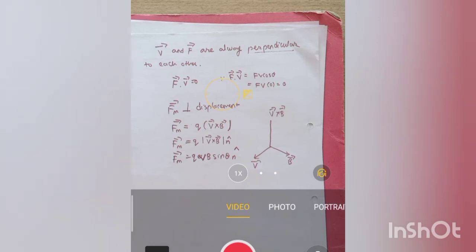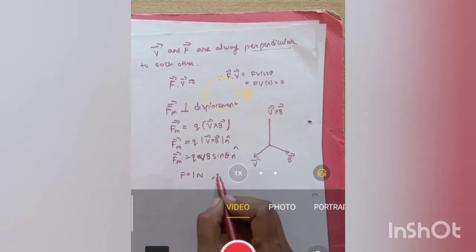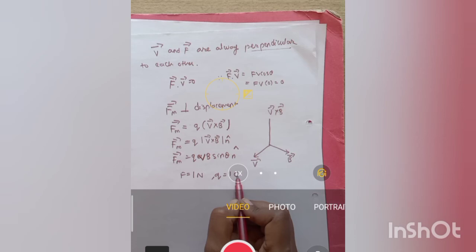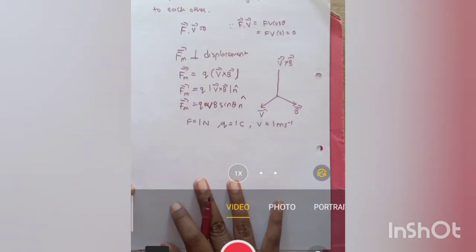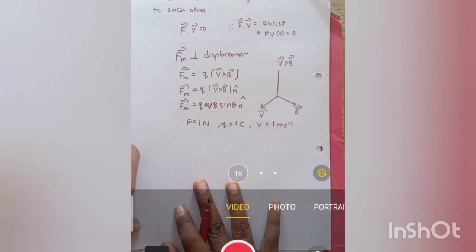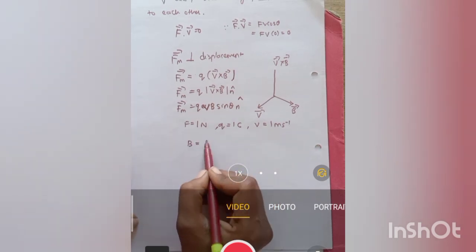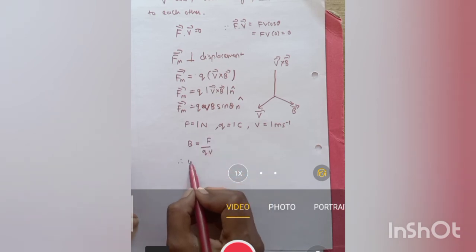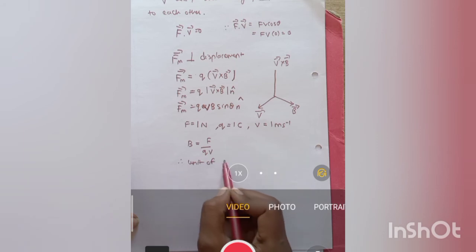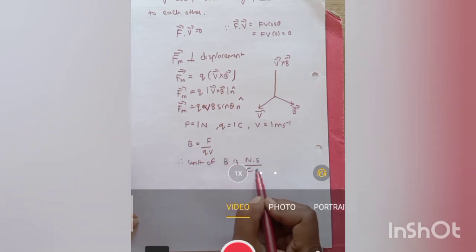So if the force is 1 Newton acting on a charged particle of 1 coulomb moving with the velocity of 1 meter per second, then B is equal to F by qv, and therefore the unit of B is Newton second per coulomb meter.